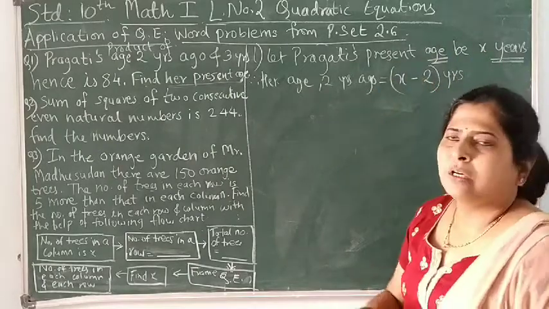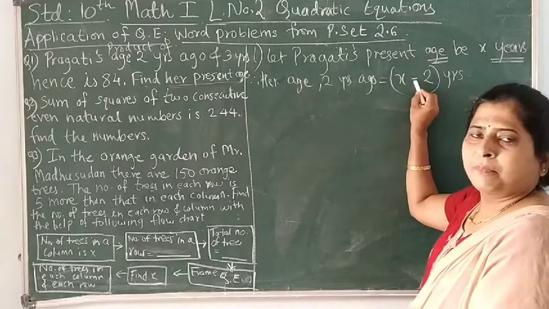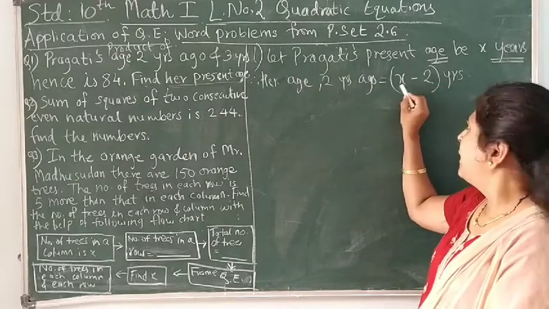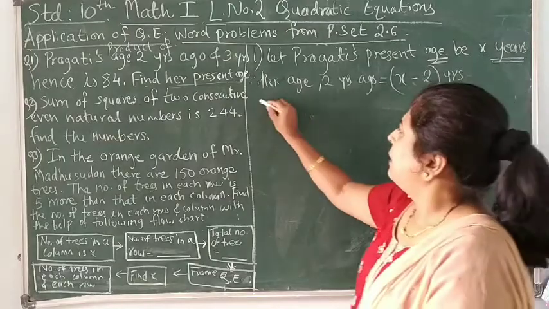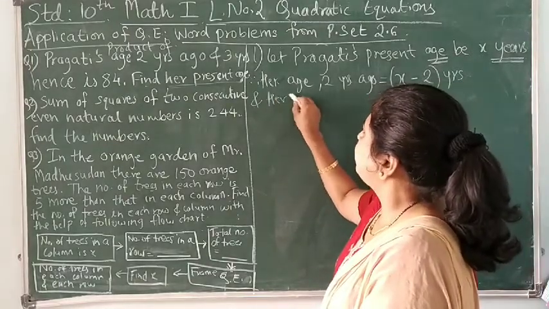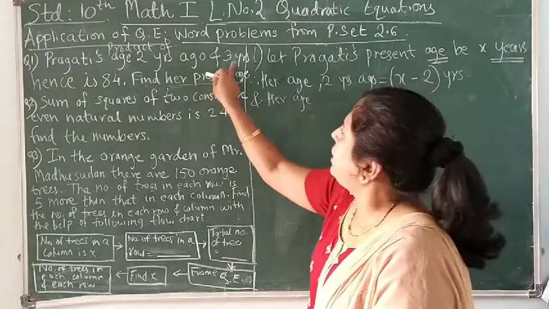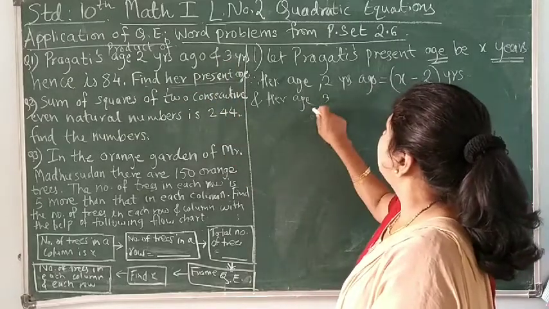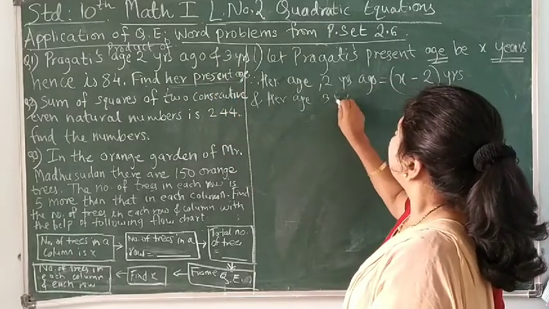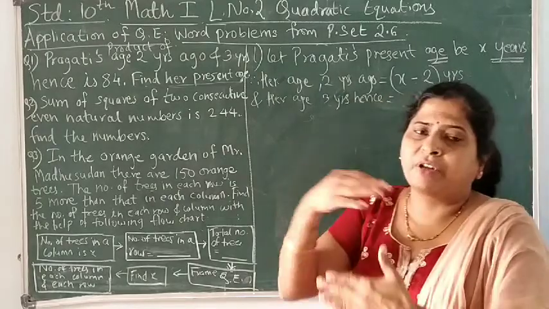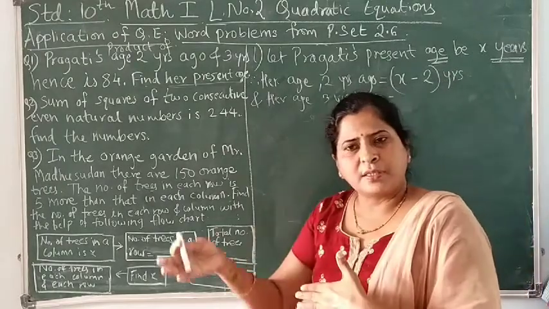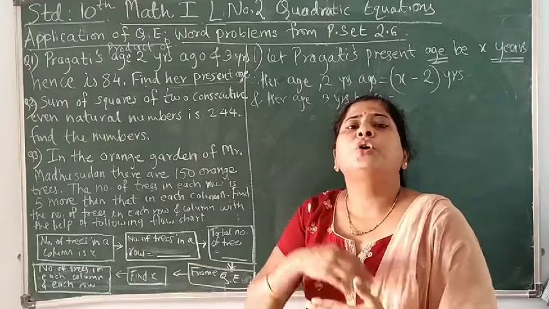If you observe, I have written 2 first, then ago means minus, then present age x, and then years. And her age 3 years hence. Hence means afterwards. After a certain period, your age is going to be more.